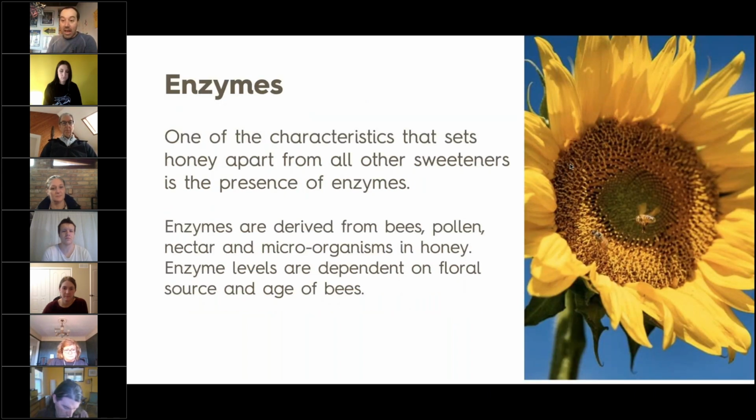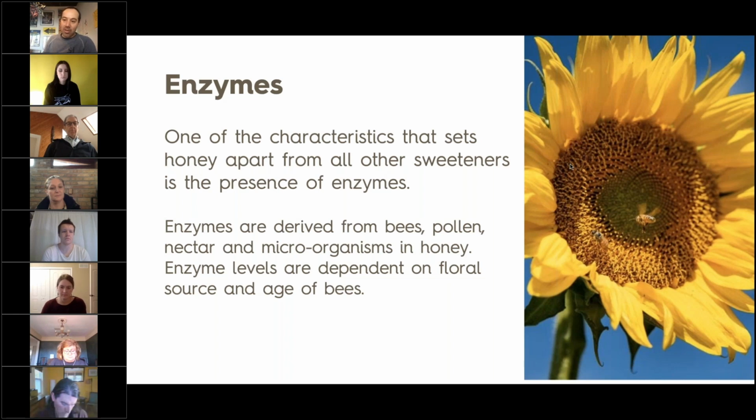We also have enzymes, which may right now be triggering warning alerts inside of your heads of, okay, if I add enzymes, I know there's all sorts of enzymatic reactions happening already in the products I make, but what's going to happen if I add in enzymes from honey and how it's going to impact?